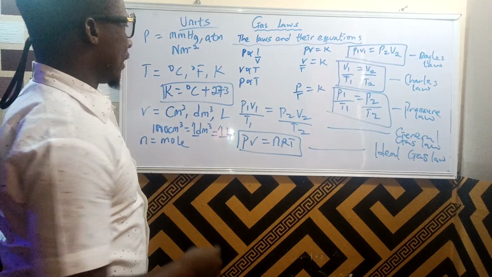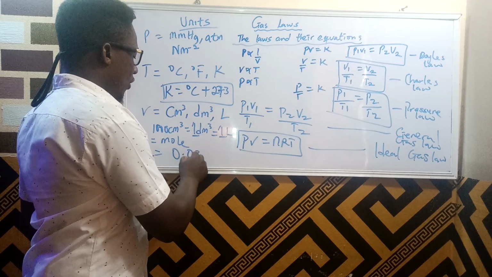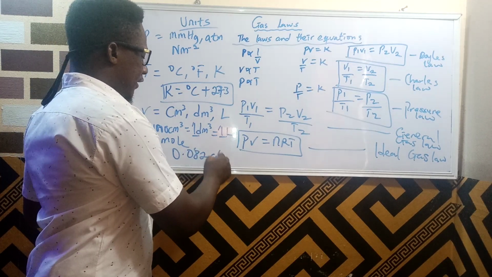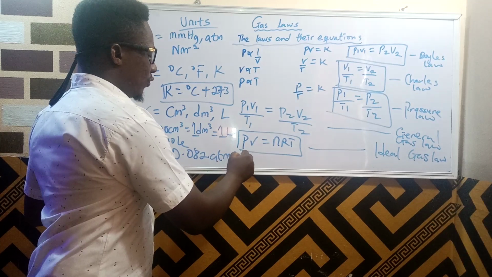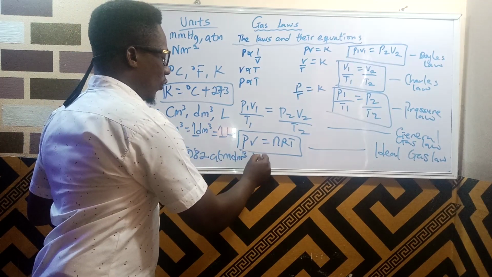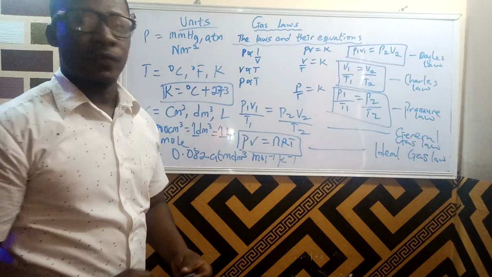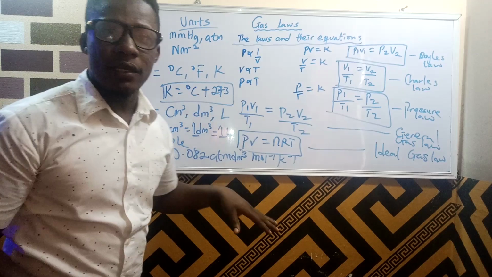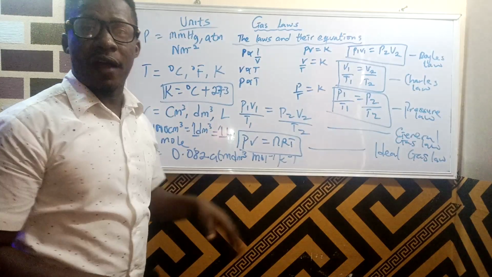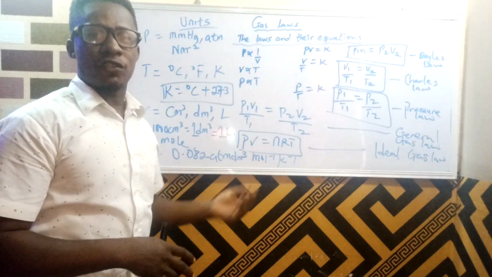And then R is the gas constant, and it is 0.082 atm dm cube per mole per Kelvin. So these are generally the first 5 equations, or the first 5 laws.